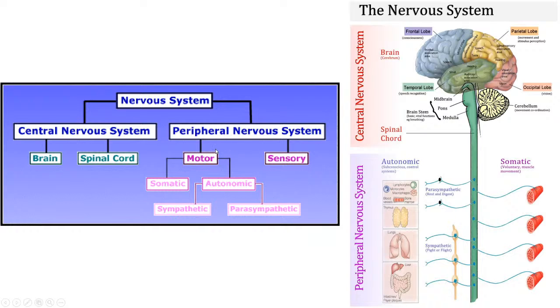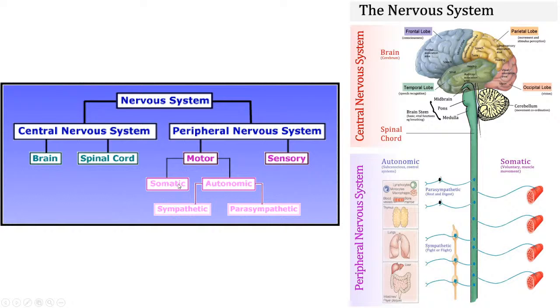The peripheral nervous system also includes the motor division, which can be either somatic or autonomic, also known as visceral here. The somatic motor division, motor is going to be output. This is also known as the efferent division. And the somatic division of the motor division is going to control skeletal muscle.